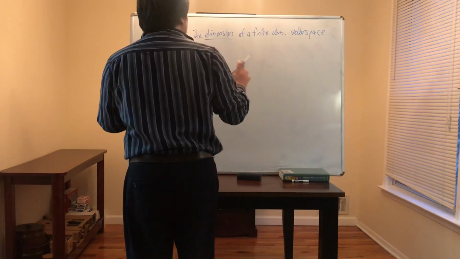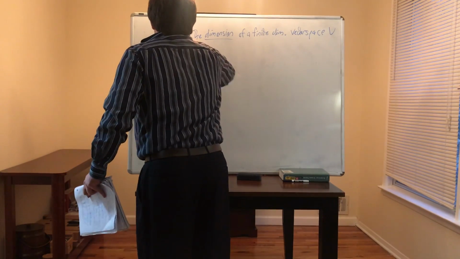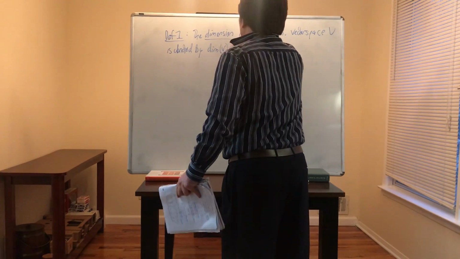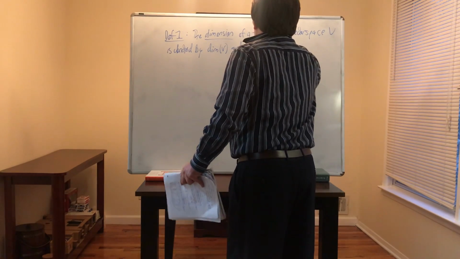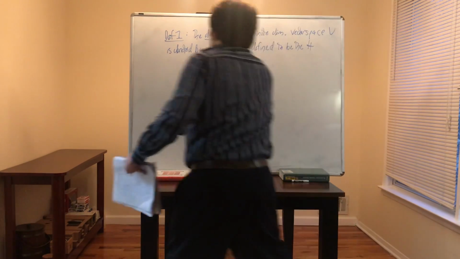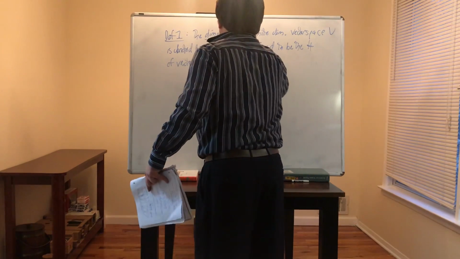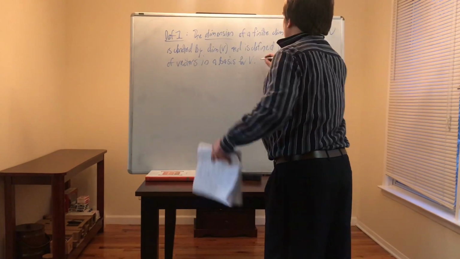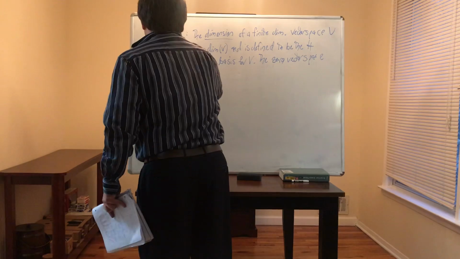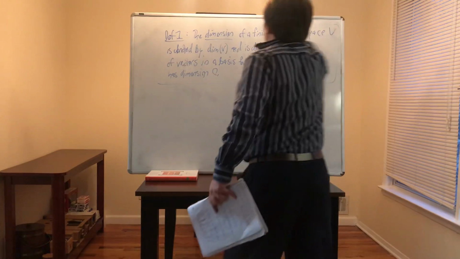Okay, so the dimension of a finite dimensional vector space, capital V, is denoted by dim of V, dim in parentheses V, and is defined to be the number of vectors in a basis for V. The zero vector space has dimension 0. Okay, this is definition 1.